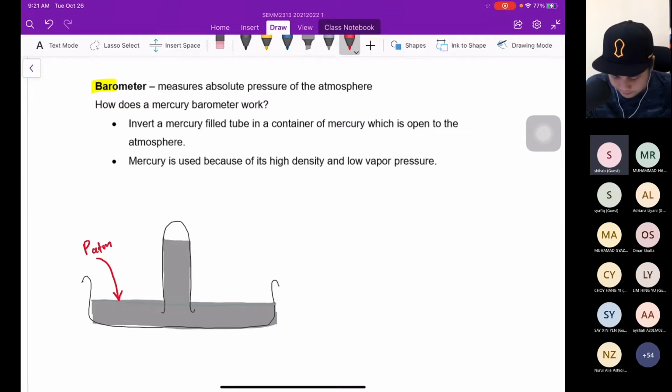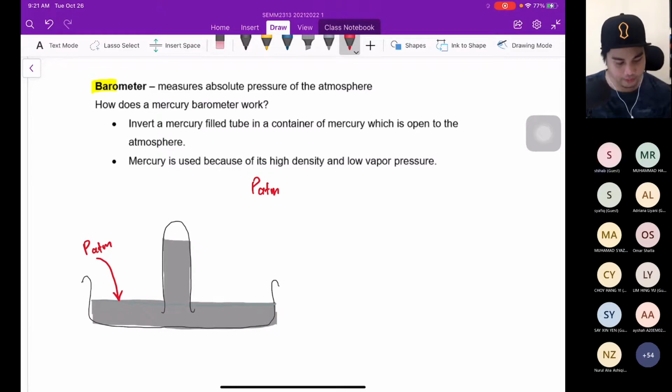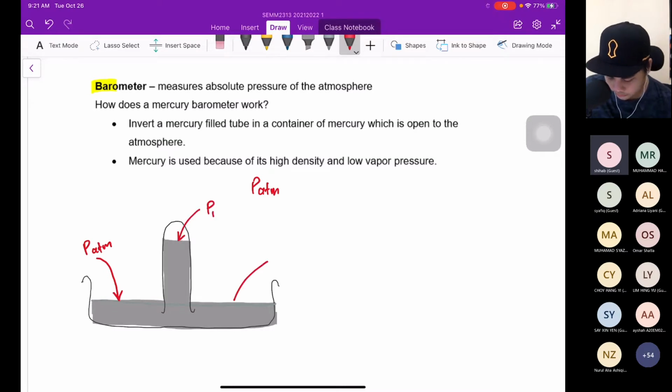We have PATM surrounding this device. Definitely we have the pressure here. We consider this as P1 and this as P2.